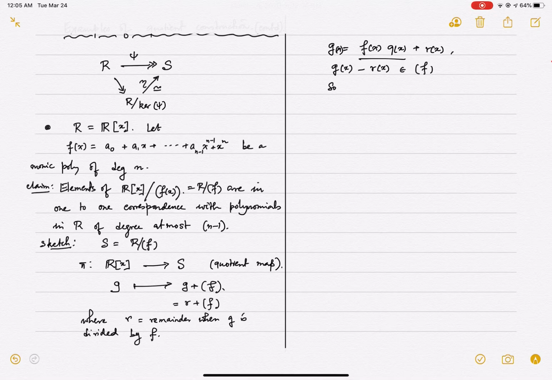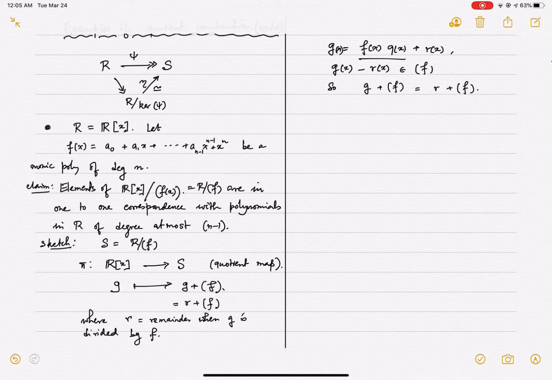So the coset of g is the same as the coset of r. So what this tells you is that every coset in S can be represented by one of these remainders.